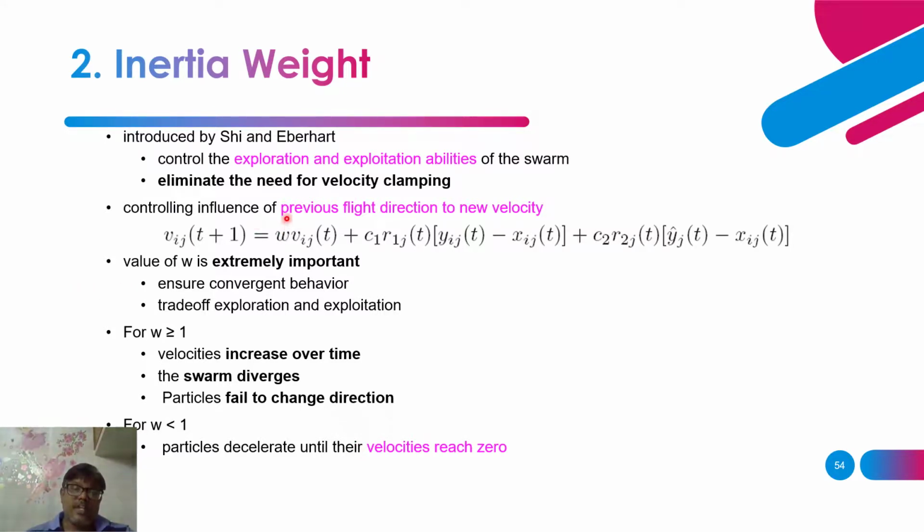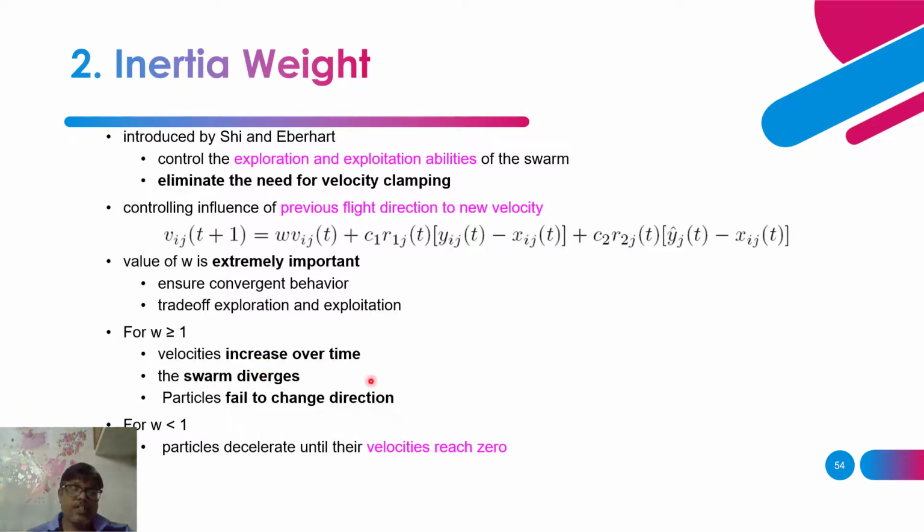So the value of W is extremely important, as it ensures the convergence behavior, and it also takes care of the trade-off between exploration and exploitation. If the W value is kept very high, much greater than 1, the velocity increases over time and the swarm will diverge, and the particles fail to change direction.